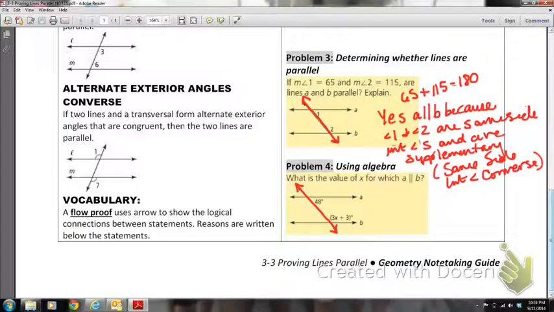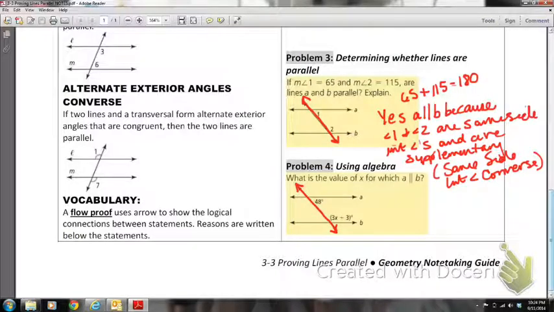They are same side interior. So since they're same side interior, in order for A to be parallel to B, those two angles would have to be supplementary, according to the same side interior converse. So in order for them to be parallel, they have to be supplementary, so they would have to equal 180.